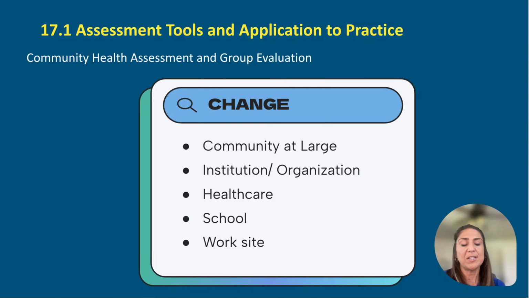So, the tool divides the community into 5 sectors. So it looks at the community at large, then the community institutions and organizations, healthcare, schools, and work sites. So by looking at each of these sectors, the communities can better see what the strengths are, identify the gaps, and then have a coordinated improvement effort.